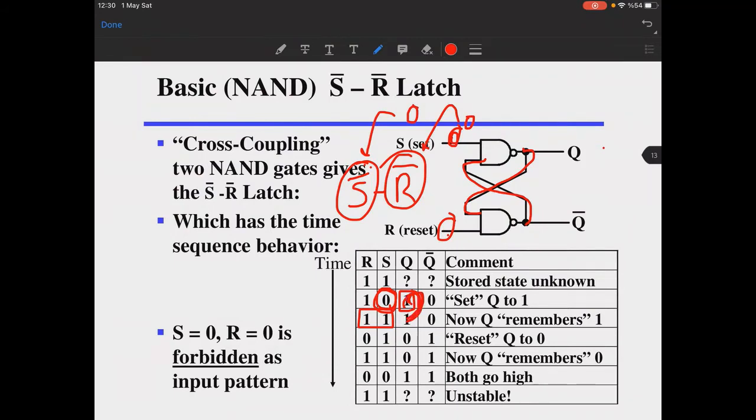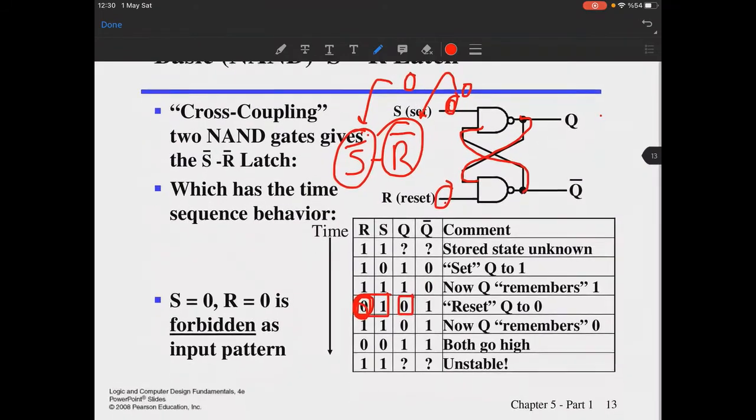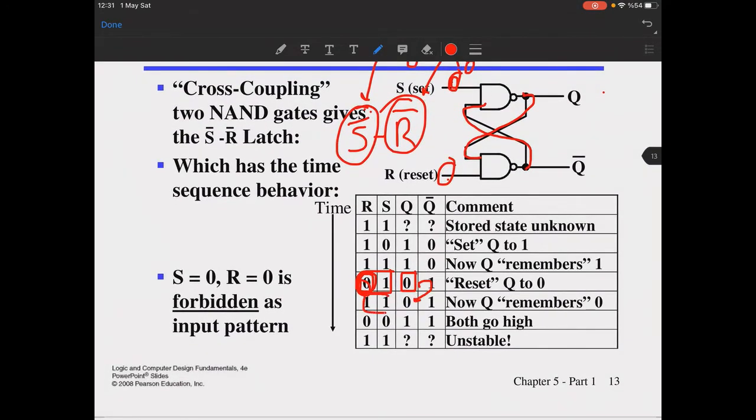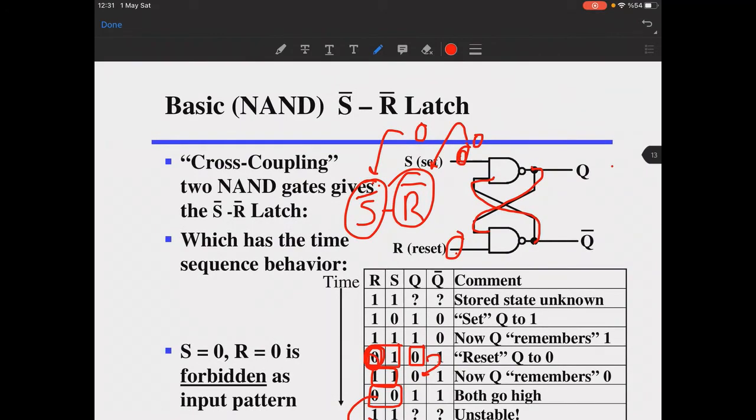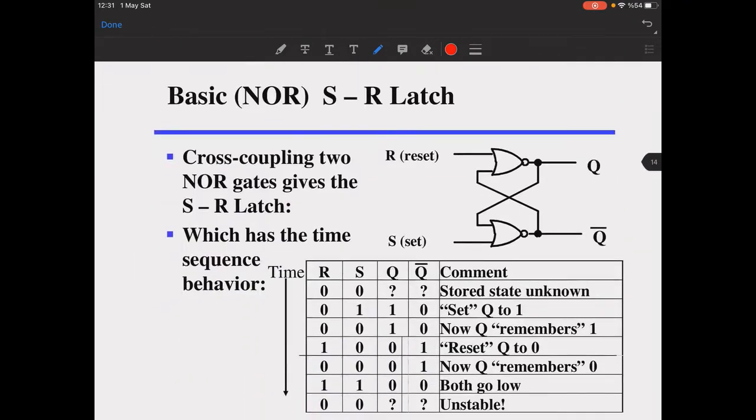And then if you reset it, look at this, it is reset, it becomes 0. Then it is remembering 0 here. Now this is something pretty interesting. Both of them are active now. You are both setting and resetting, which is a forbidden pattern of inputs here that can cause your circuit to go unstable. This is the problem with reset not latches.